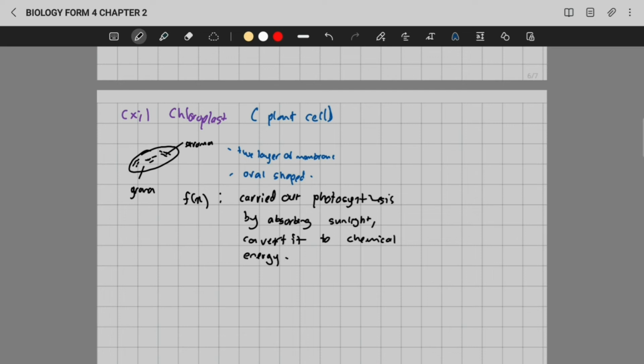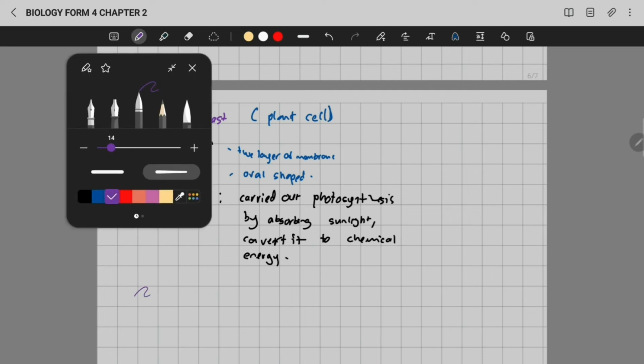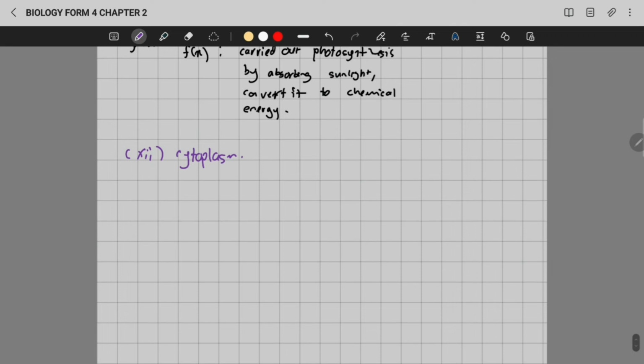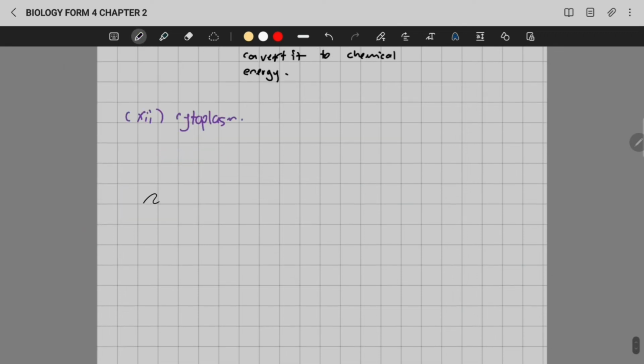Next, we have the common cytoplasm. Cytoplasm, if in the cell, we will see that as there's empty things, or sometimes will be dot. Right, I will draw it here. Cytoplasm is clearly like media. And biochemical reaction occurs or happen in the cytoplasm.